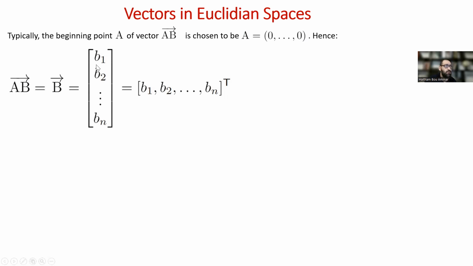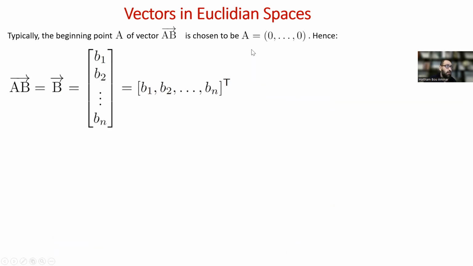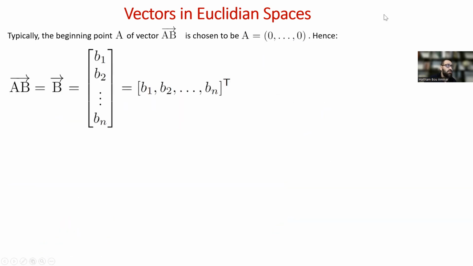The first component of your endpoint is B1, and then you subtract 0, so you get only B1. You take the second component, which is B2, subtract 0, so you get B2, and so on up to Bn.